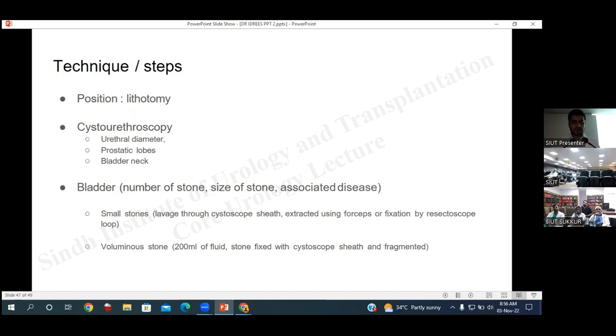Cystourethroscopy is done to see the urethral diameter, prostate lobes in males, and the bladder neck. After that, if there is a small stone burden, it should be lavaged with the scope or the sheath and extracted using forceps or fixation by the resectoscope lumen. If there is a voluminous stone, 200 ml of fluid is given in and the stone is fixed with the cystoscope sheath and fragmented.